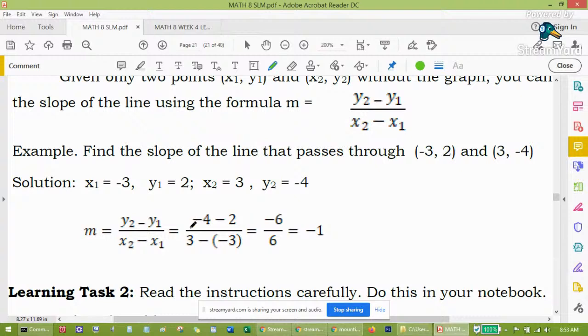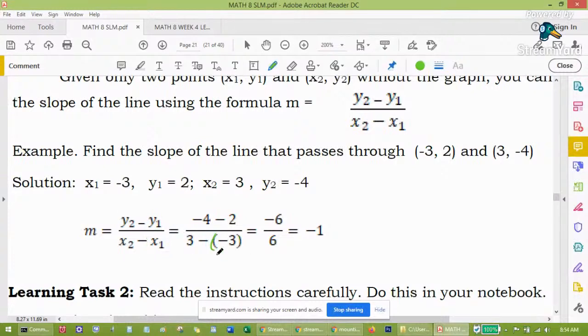Okay? And then, pag sinundan natin yung formula ulit, sa baba naman is pangalawang x. So, dito tayo titingin sa second coordinate. Ito yung first coordinate natin. Ito yung second coordinate. Ito yung x ng second coordinate is 3. So, susundan lang natin yung formula. Minus yung unang x.